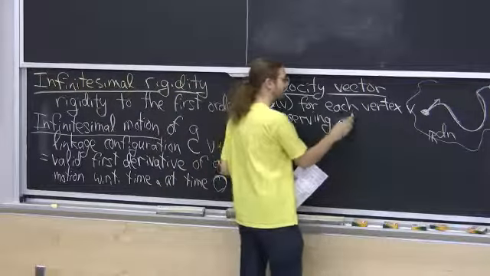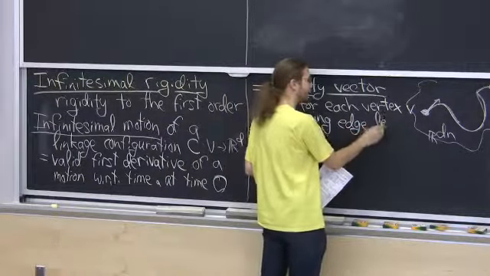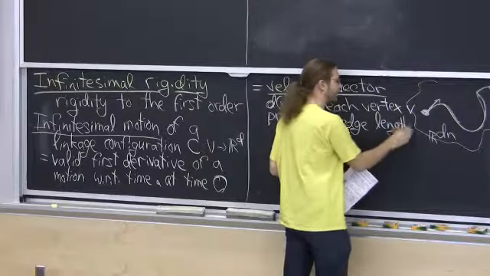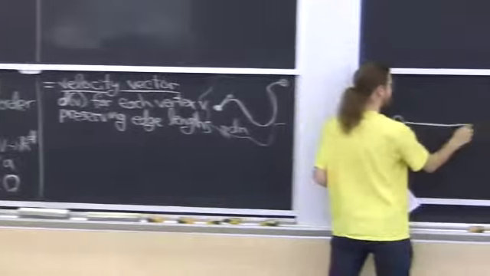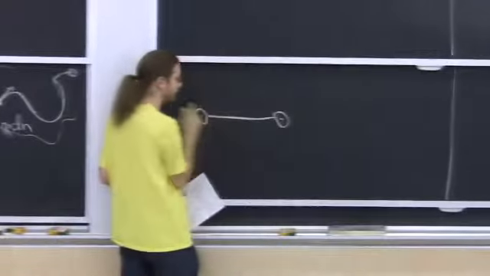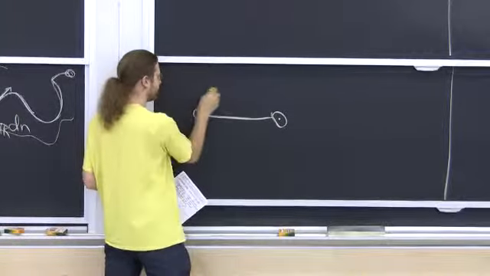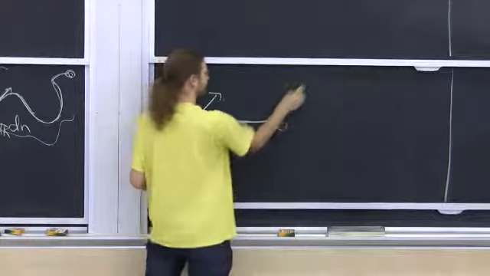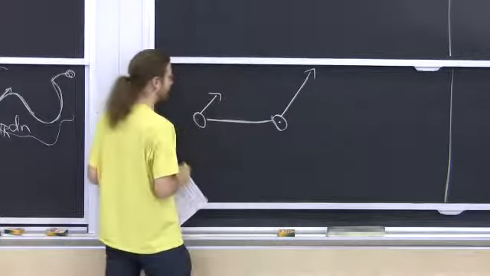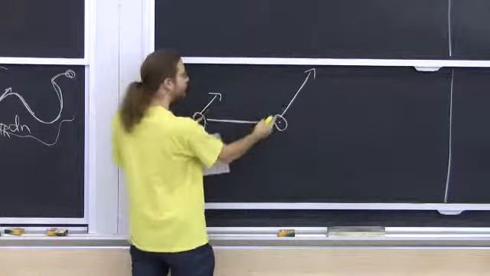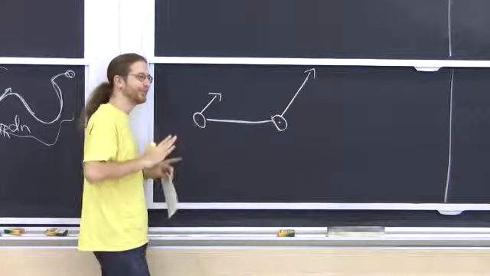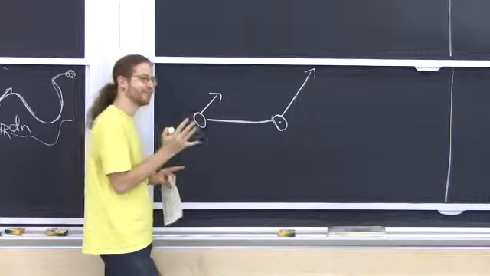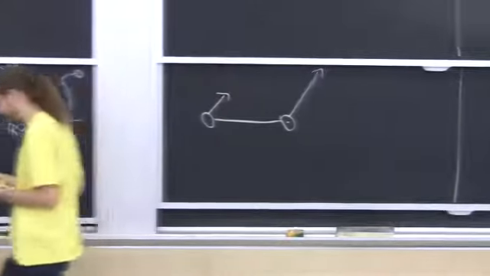So here we'd like to preserve edge lengths, but that's actually kind of hard to do. If you take an edge, I have two vertices, and I assign some velocity vectors, something like this. As soon as you move a little bit in that direction, the edge length won't be quite the same. But it'll be the same to the first order. So this is going to be a little subtle.